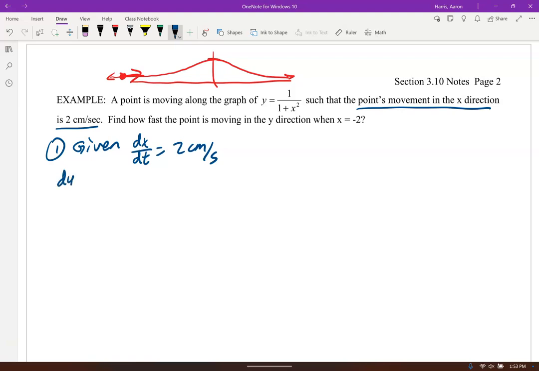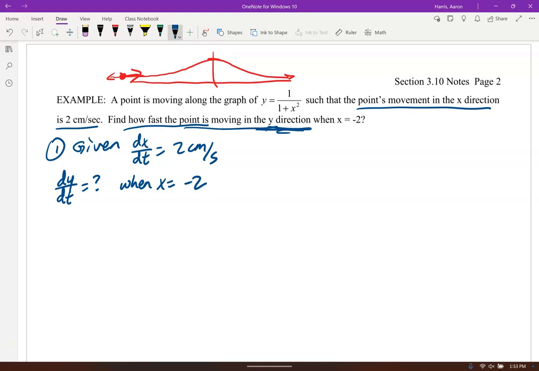So what's dy? How about in the y direction, vertically? How fast is it moving at this exact moment when x is -2? When x is -2, how fast is the point moving in the y direction? So the rate of change with respect to time, dy/dt, is what they're asking for, right?